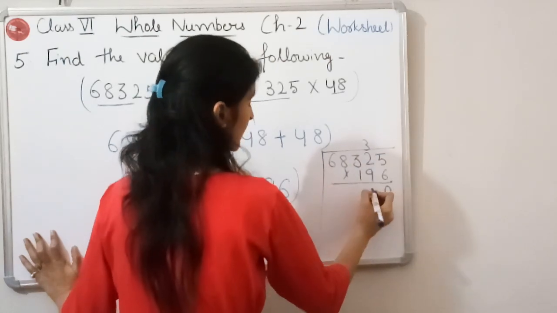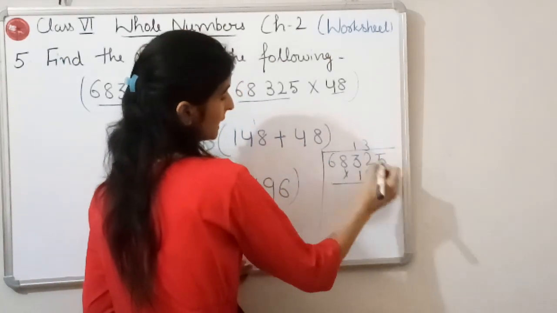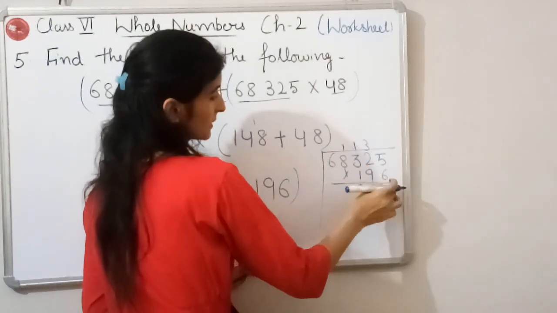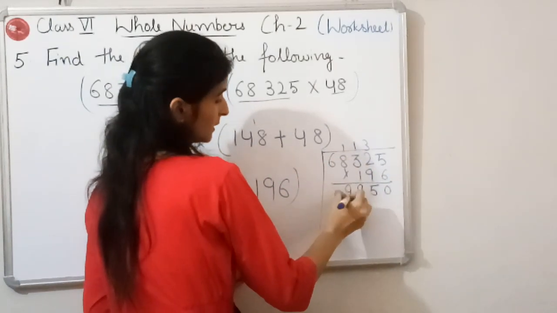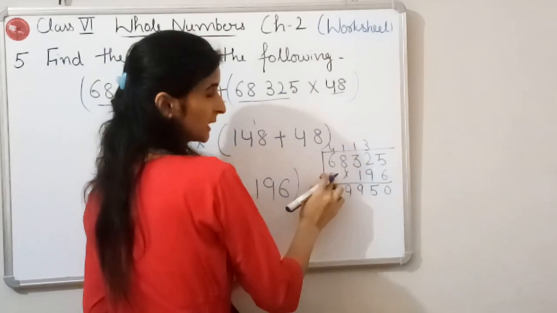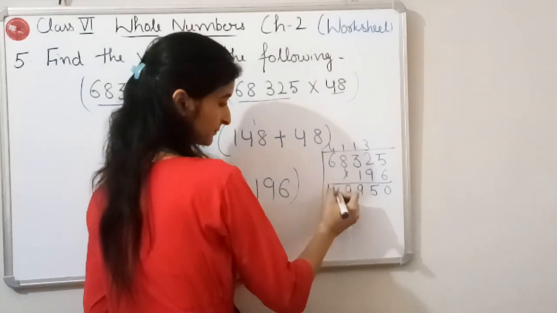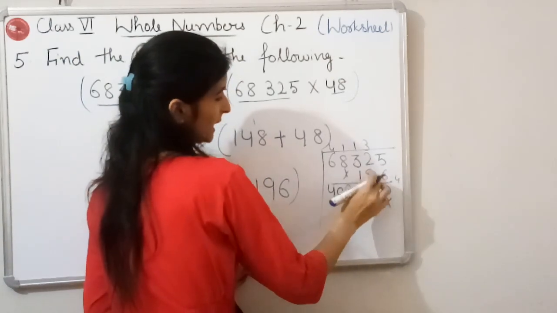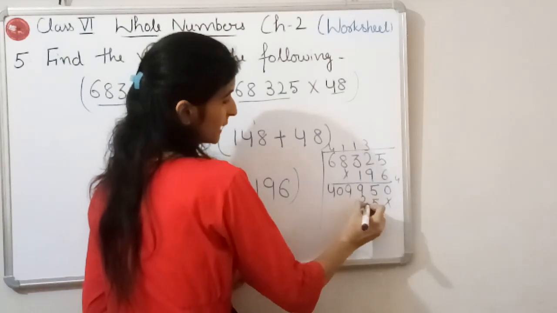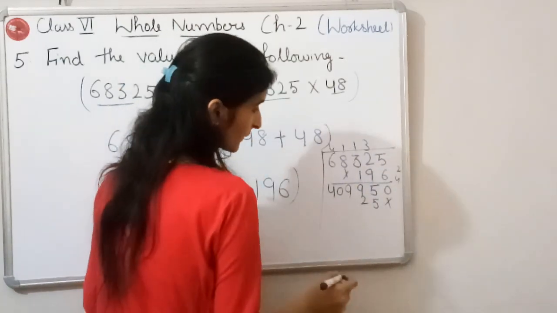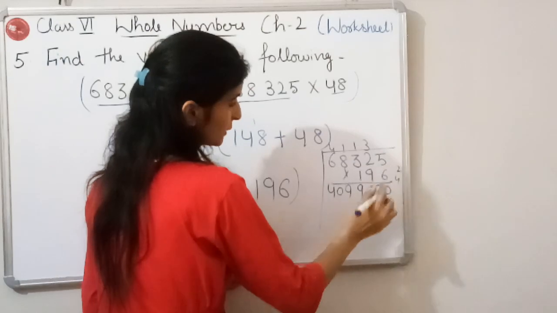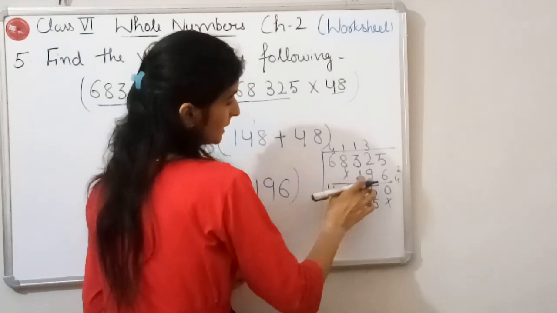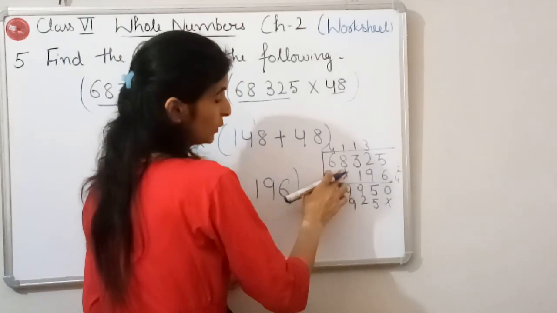6 2s are 12 and 3, 15. 6 3s are 18 and 1, 19. 6 8s are 48 and 1, 49. 6 6s are 36 and 4, 40. 9 5s are 45. 9 2s are 18. 18 and 4 is 22. 9 3s are 27. 27 and 2 is 29. 9 8s are 72.